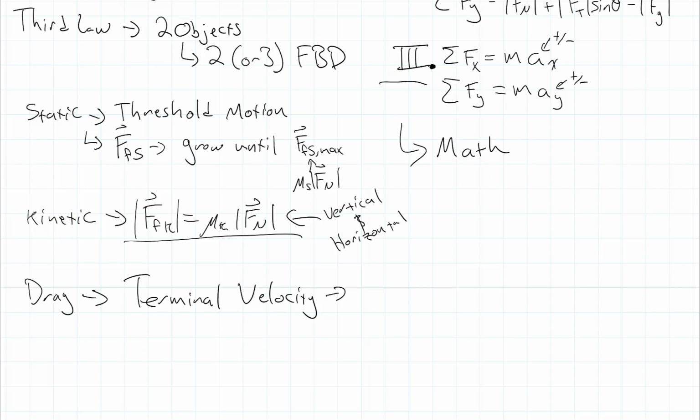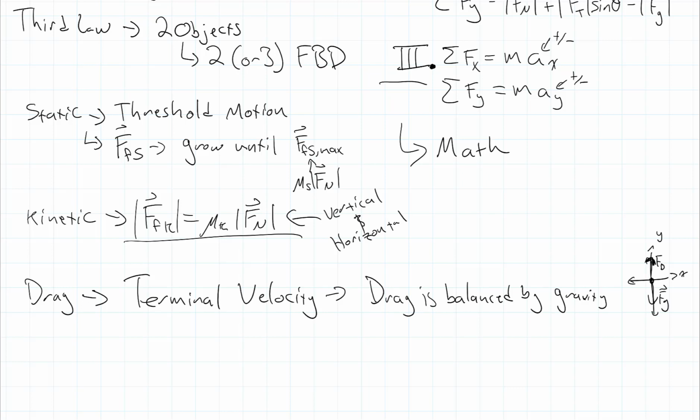Terminal velocity, if your object is falling straight down, is going to be when your drag force is balanced by something like gravity. And so there, your quick and simple free body diagram would be gravity down and drag up, and that's the y direction.